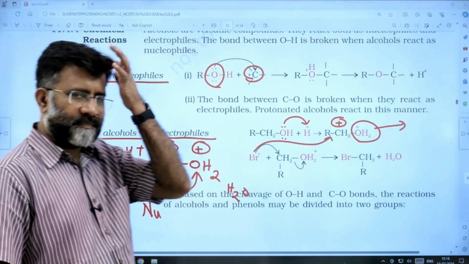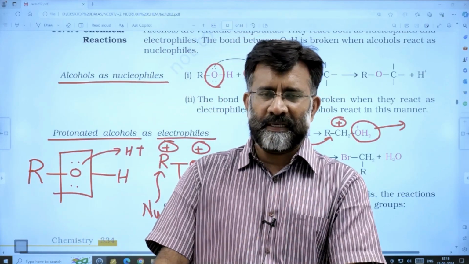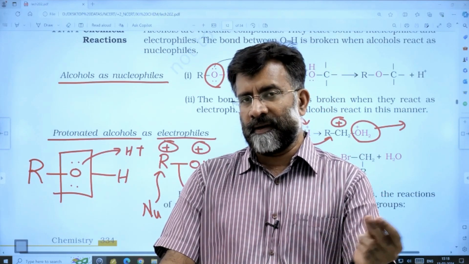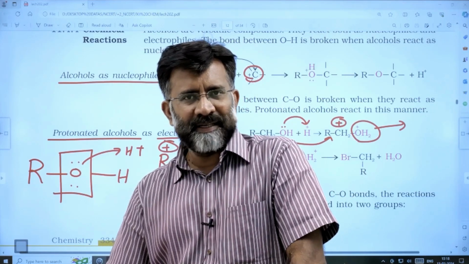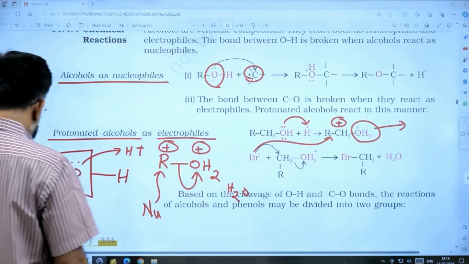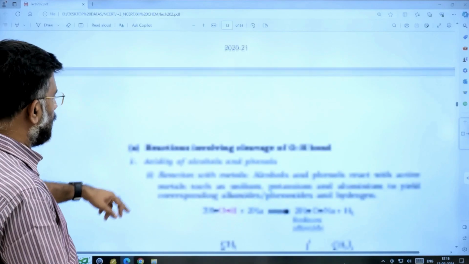That is the point. So alcohols can behave with nucleophilic character, or when protonated, they easily work as electrophilic. Right? And they in fact give both types of reactions indeed.